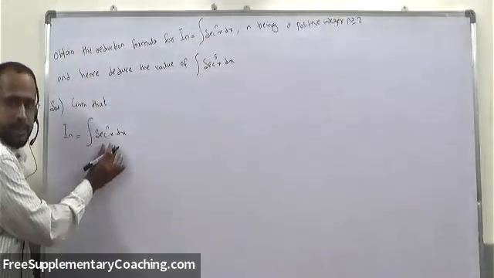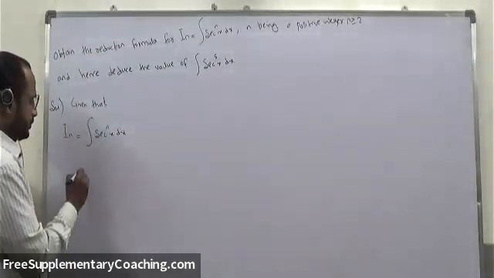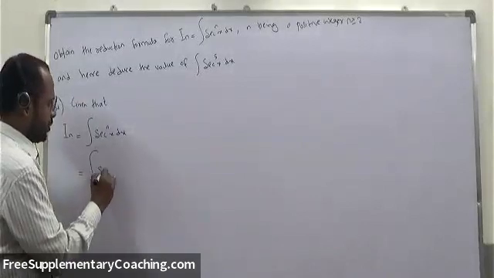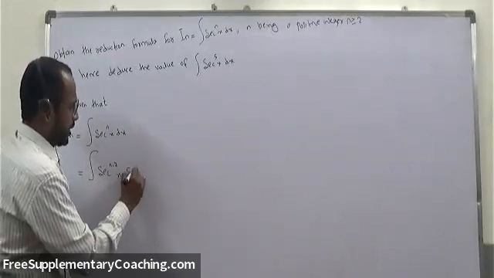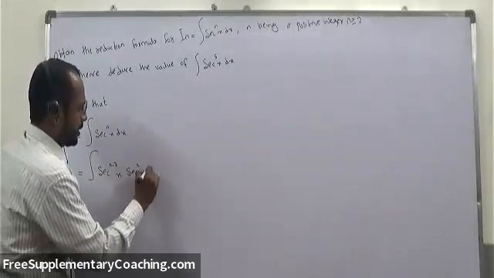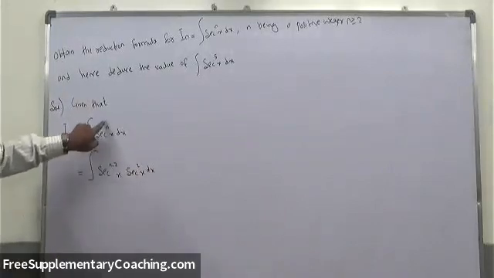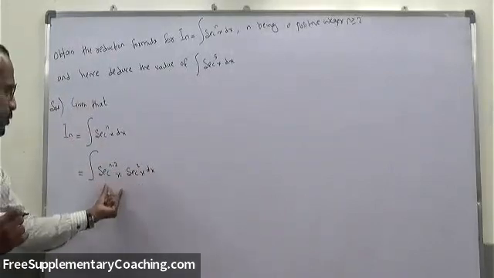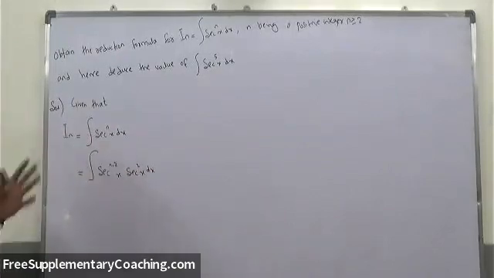This particular term, how I am converting it, observe here: integration of secant power n minus 2 x into secant square x dx. I have just converted this term into this form. If you multiply these two, you will get the same form again. This is the first step.